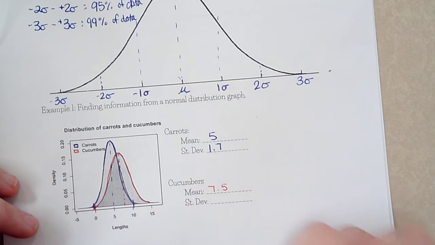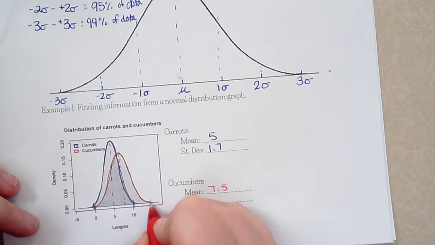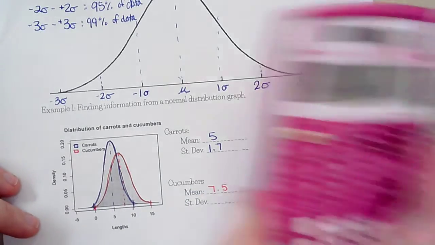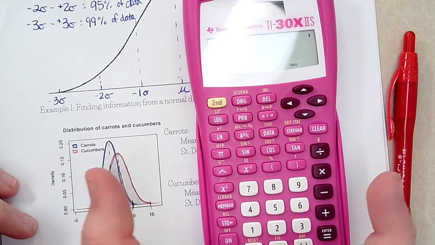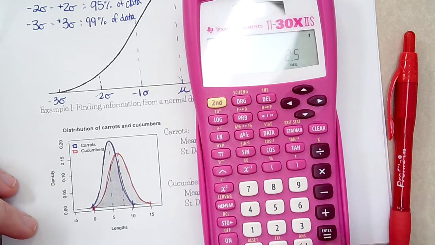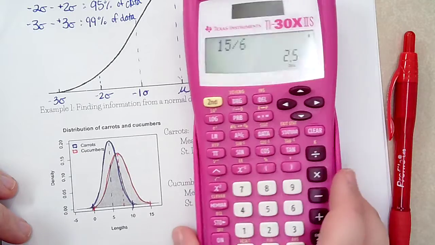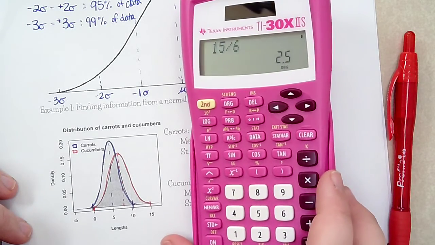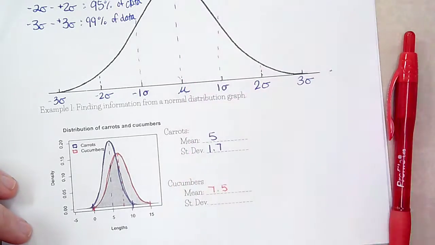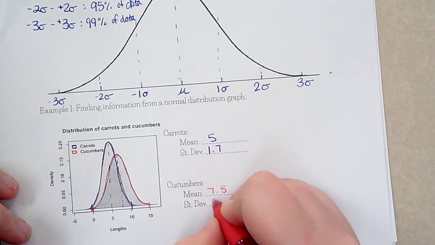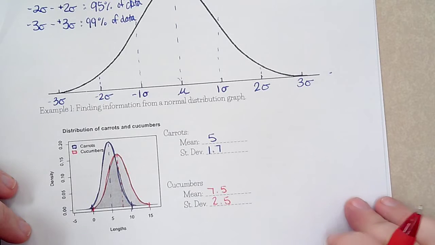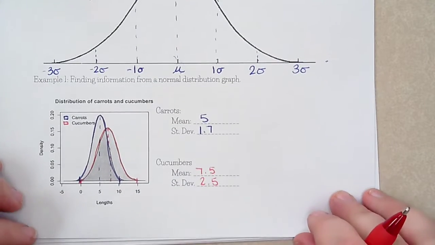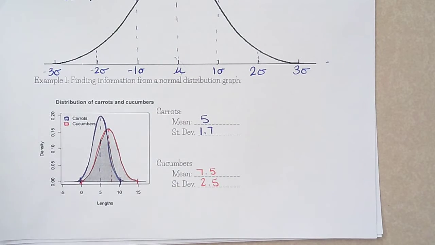I see it starts at about 0, but it ends up at about 15. So I'm going to take my 15, my total standard normal curve, divide it by 6. This tells me that each section of my standard deviation is probably going to be about 2.5. So the standard deviation is going to be about 2.5. So that is how to look at a graph and figure out those points.